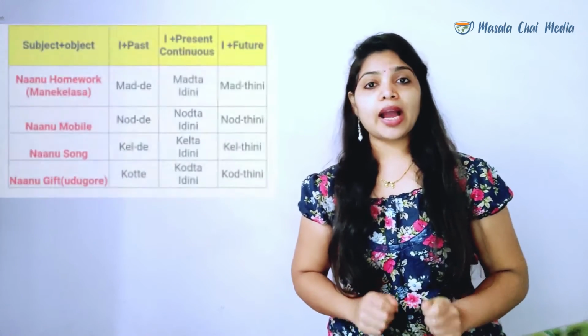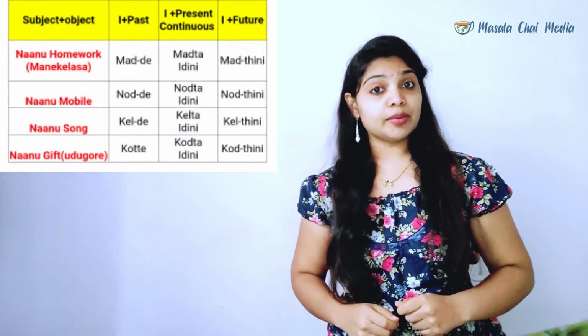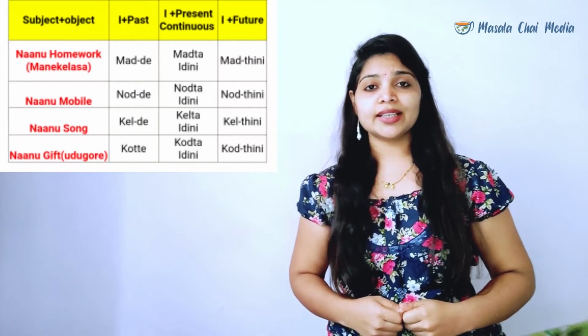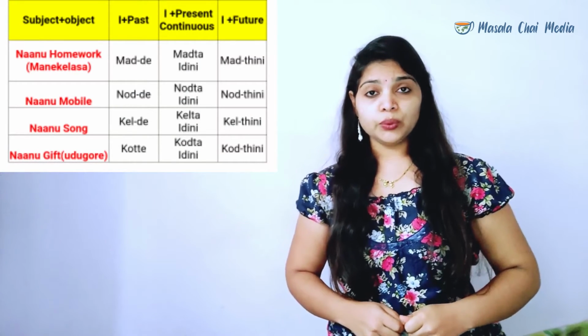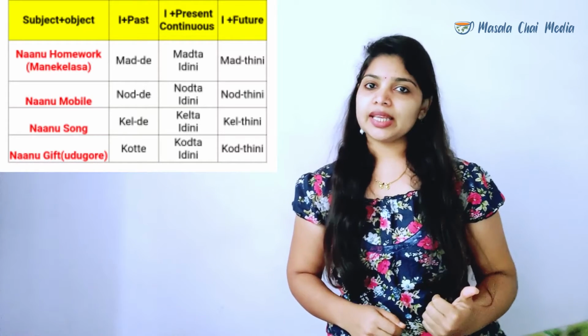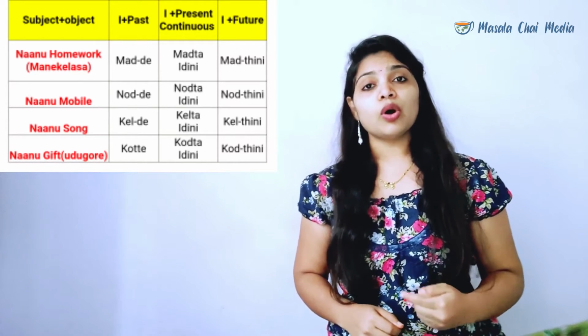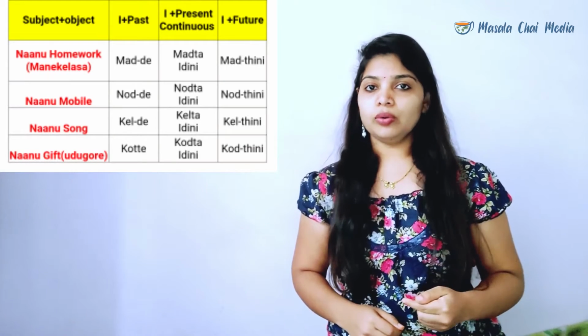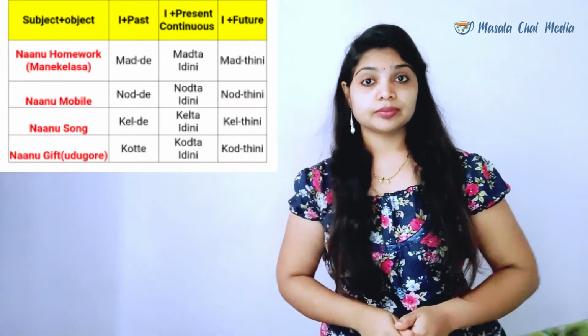Let's make some sentences using madu. I did my homework, I am doing my homework, I will do my homework. How do I say that in Kannada? Nanu homework ಮಾಡ್ದೆ. ನಾನು ಹೋಮ್ವರ್ಕ್ ಮಾಡ್ತಾ ಇದ್ದೀನಿ. ನಾನು ಹೋಮ್ವರ್ಕ್ ಮಾಡ್ತೀನಿ.